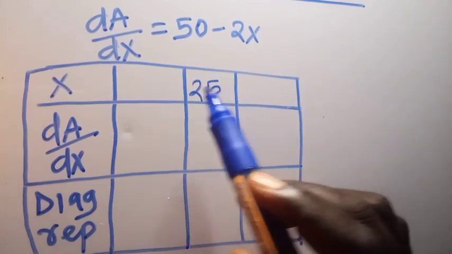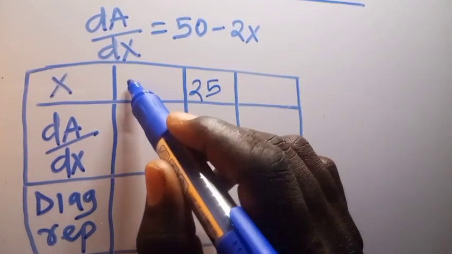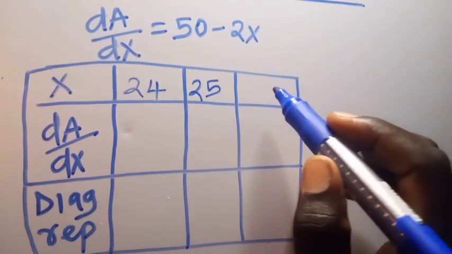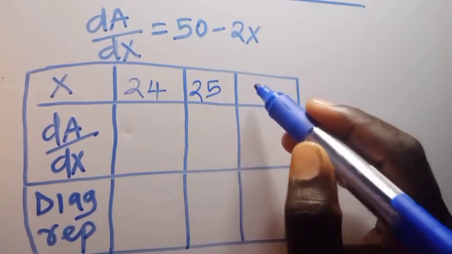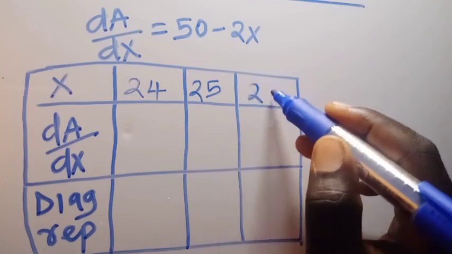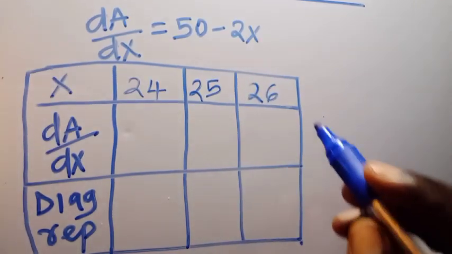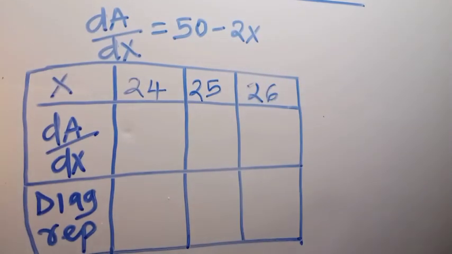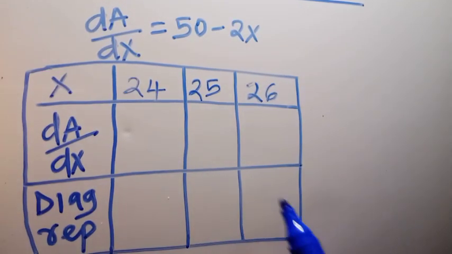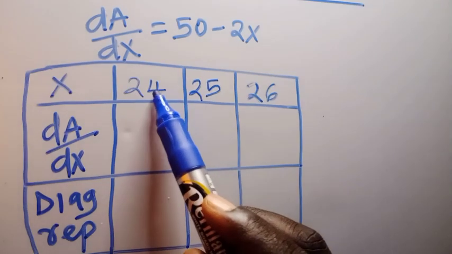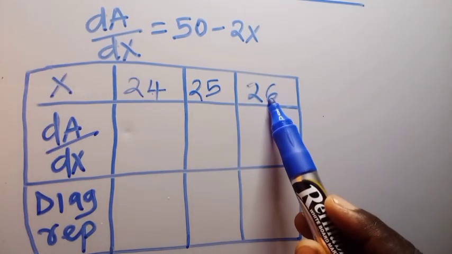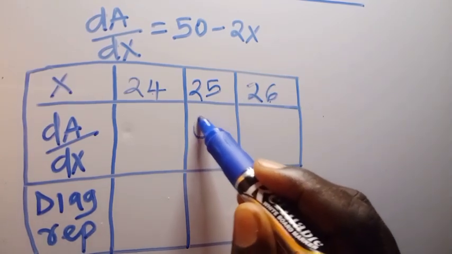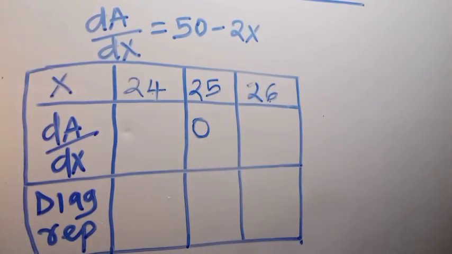Then the number to the left of 25 is 24, and the number to the right of 25 is 26. Now, we need to determine our dA over dx when x is 24 and when x is 26, because when x is 25, we already know that our dA over dx is 0 at this point.